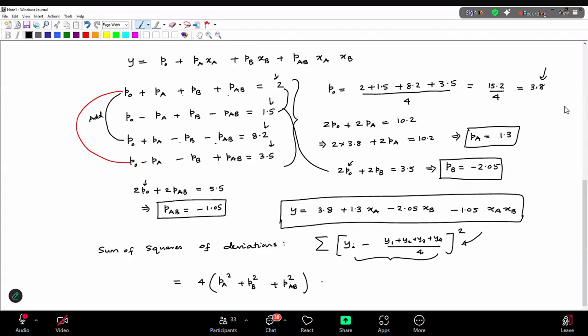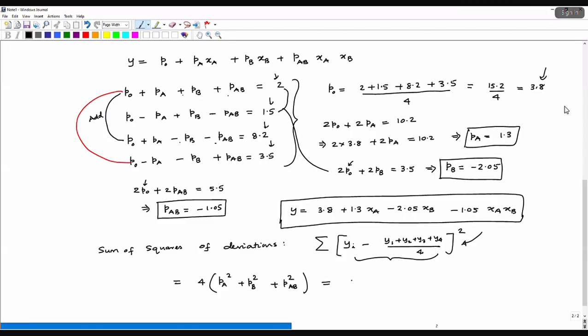So if you find out PA, PB and PAB, this will give you, if you just substitute there, 27.98. So really, the values of PA square, PB square and PAB square would determine which effects are dominant.